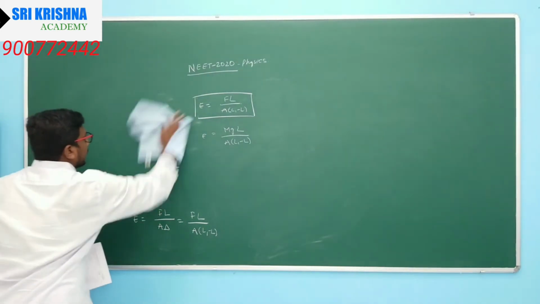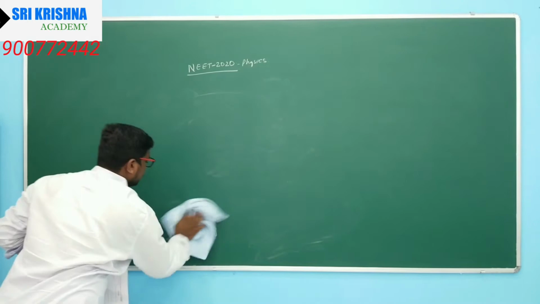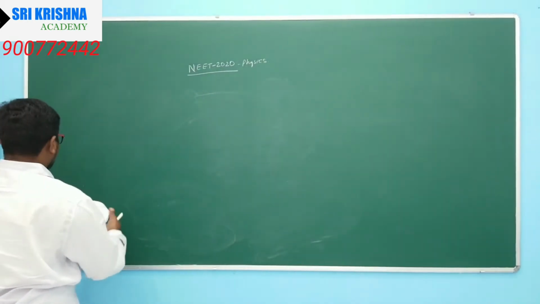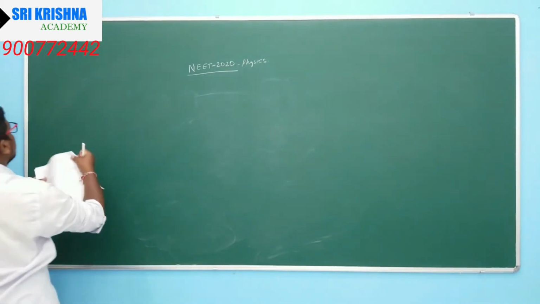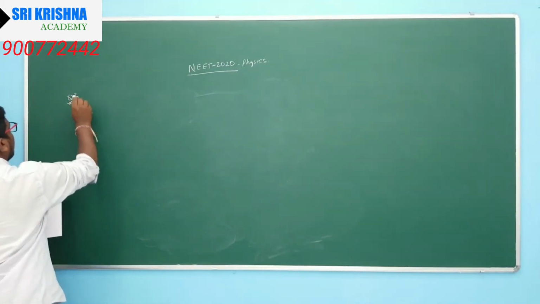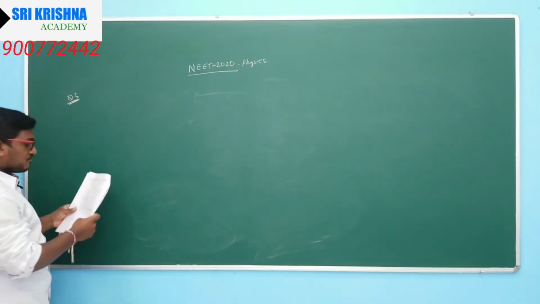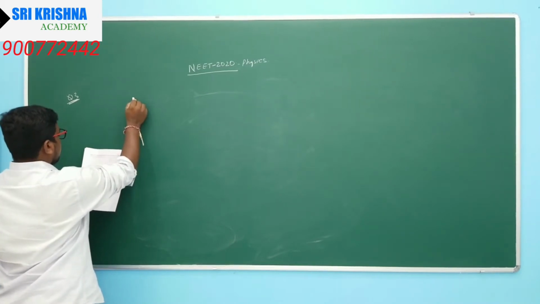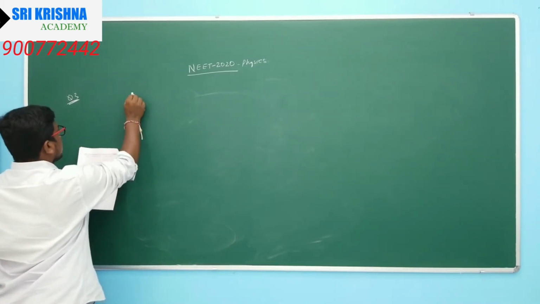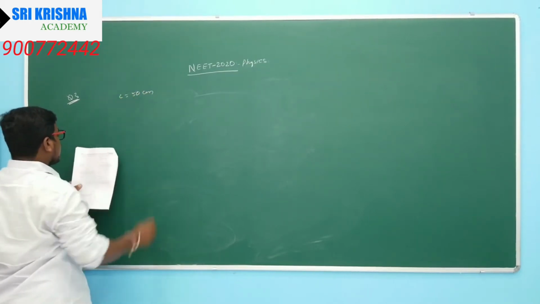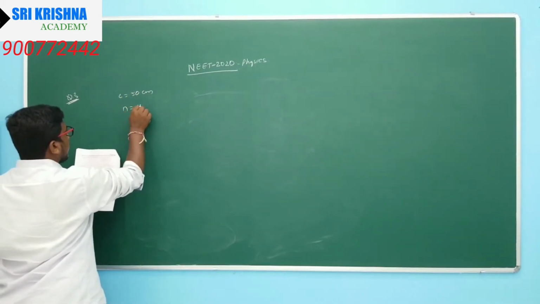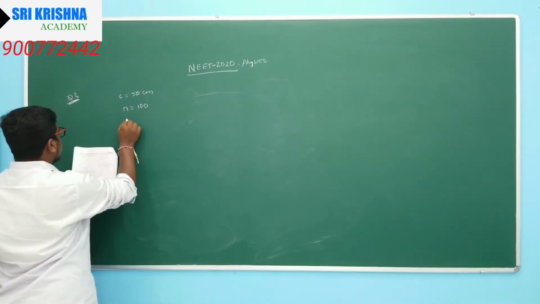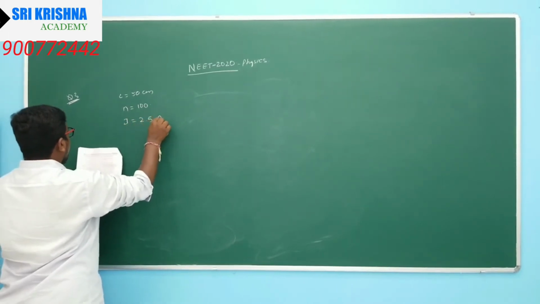Next question. A long solenoid of length 50 centimeter, having number of turns 100, carries a current of 2.5 amperes.